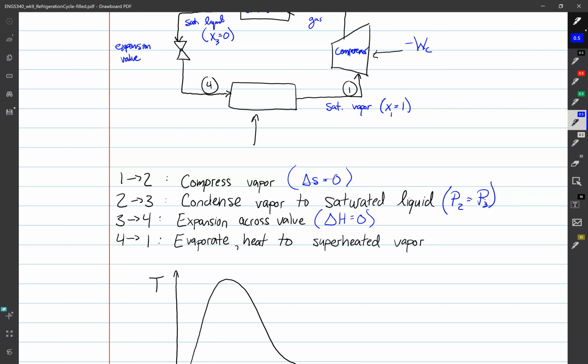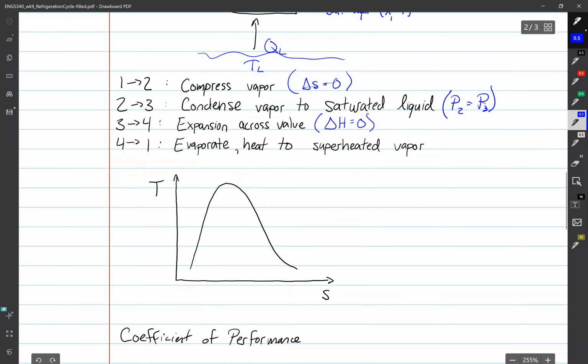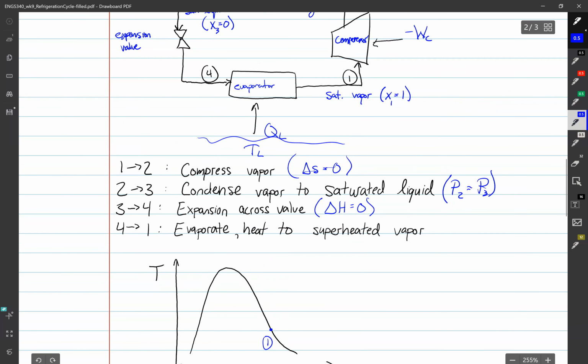Then from 4 to 1, we are going to be absorbing heat from our low temperature reservoir. This is our evaporator. So that's where we're going to be gaining heat from the surroundings. If we look at what this looks like on a TS diagram, we're starting at the outlet of the evaporator.